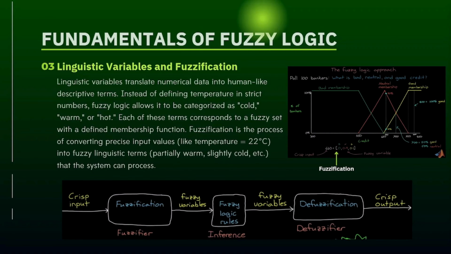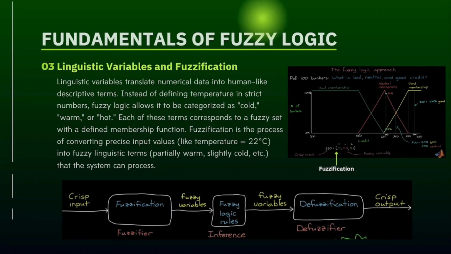Instead of defining temperature in strict numbers, fuzzy logic allows it to be categorized as cold, warm, or hot. Each of these terms corresponds to a fuzzy set with a defined membership function. Now moving to fuzzification, just a quick highlight.